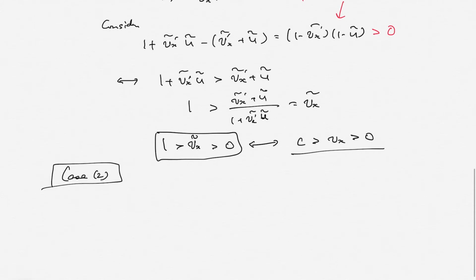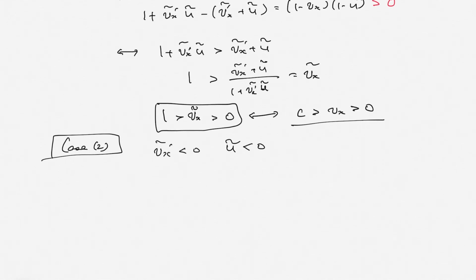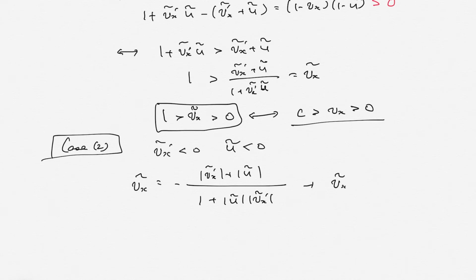And case 2, a simple one. We are going to use v sub x prime negative and u also negative. So in this case both velocities are negative. Then v sub x tilde becomes minus v sub x prime tilde plus u tilde over 1 plus u tilde v sub x prime tilde. So v sub x is a negative quantity.